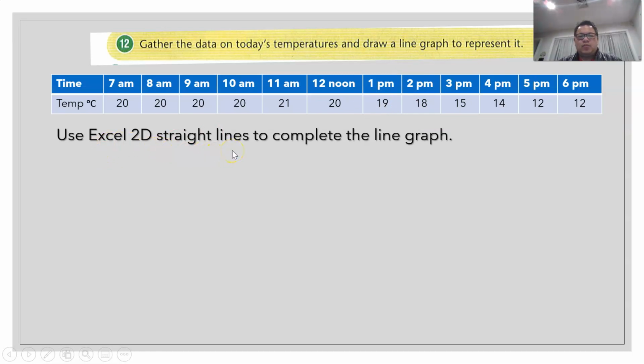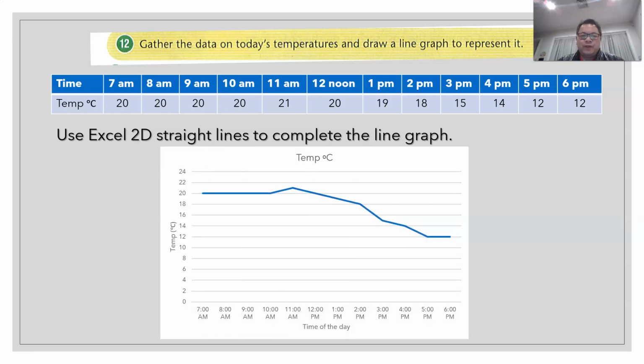You key in this data: the time 7 a.m. 20 degrees, 8 a.m. 20 degrees, and so on and so forth. Just put it in, and then from there I want you to generate the graph on your own, and you should get a graph something like this.